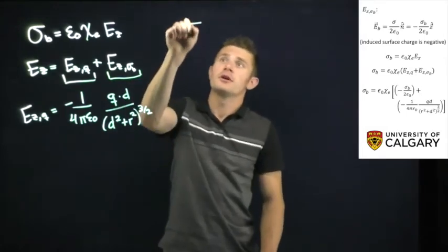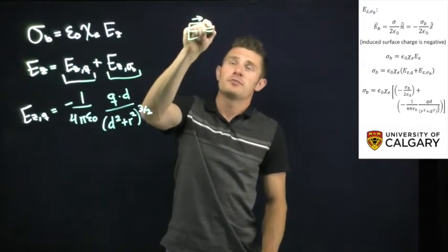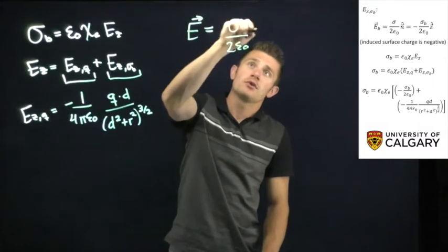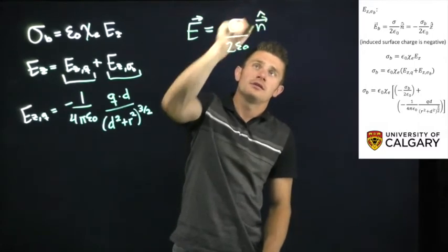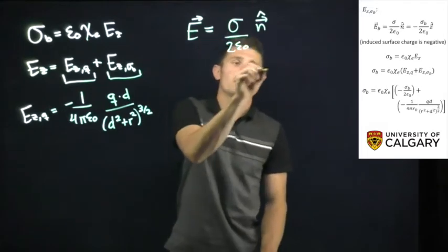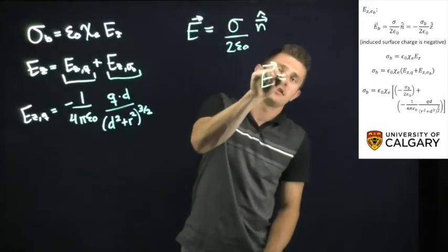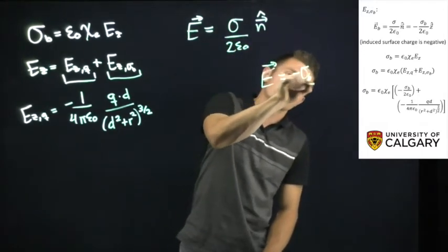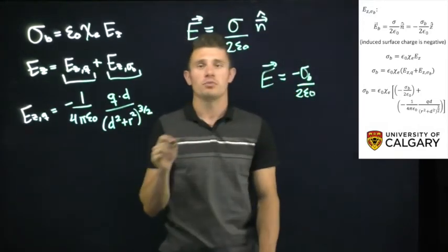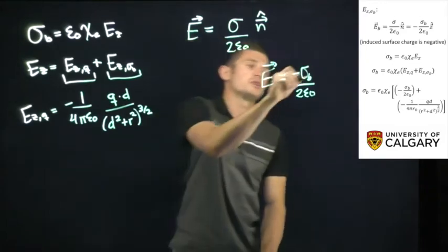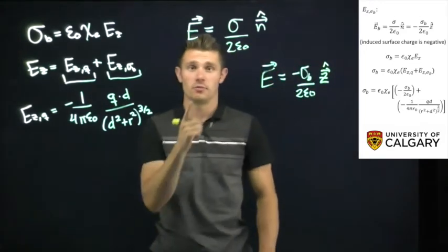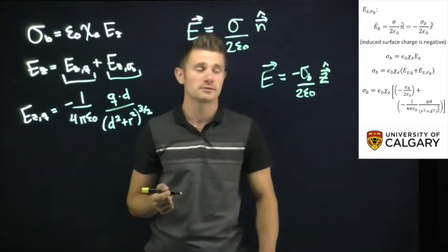If we remember, the electric field produced by a plane of charge is sigma over 2 epsilon naught times the normal vector to that plane of charge. Here, sigma will be our negatively induced surface charge over 2 epsilon naught, and our normal vector n hat, because our plane is in the xy plane, will be simply the z hat direction, as the electric field will point perpendicular to the plane at all points.